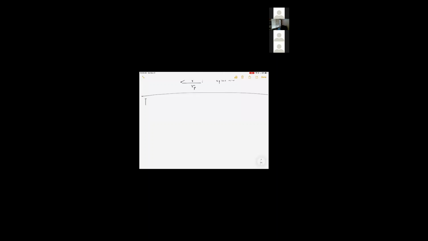So let's cover F equals MA 2014, problem 22 now. All right. This one's a bit long, so why doesn't everybody take some time to read it, and then we'll go over the solution.